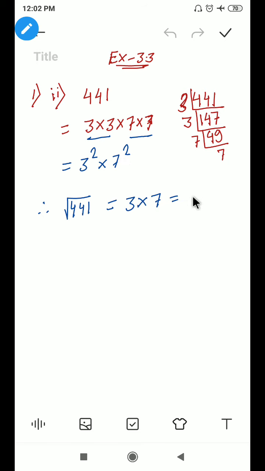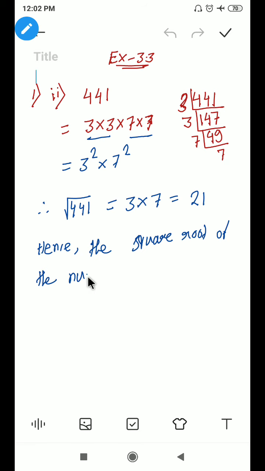So this will be 21. Hence the square root of the number is 21.